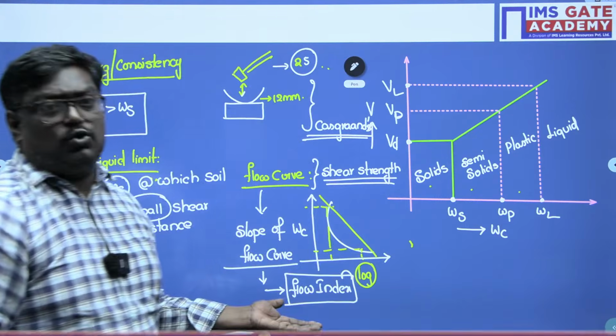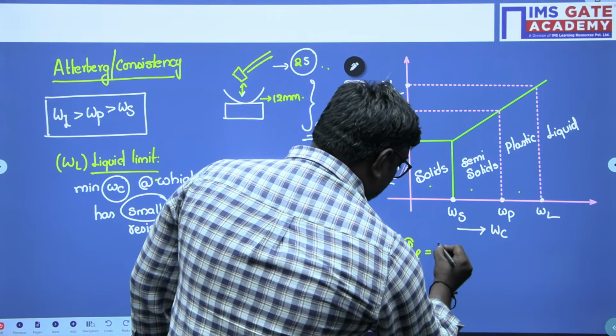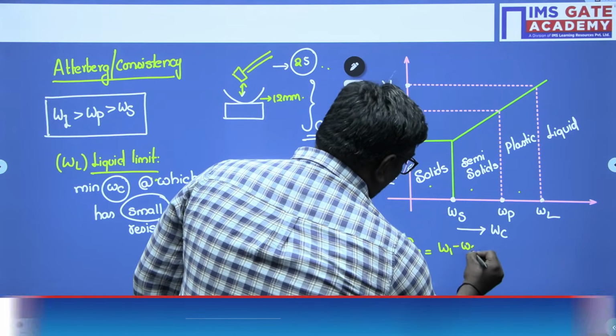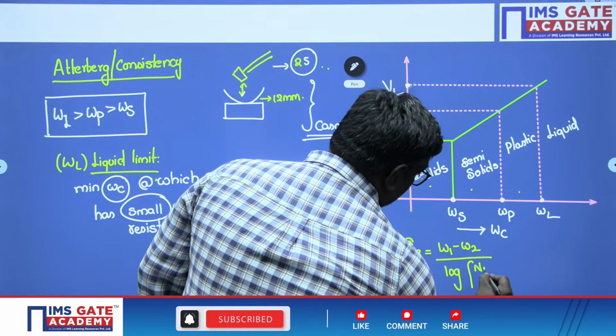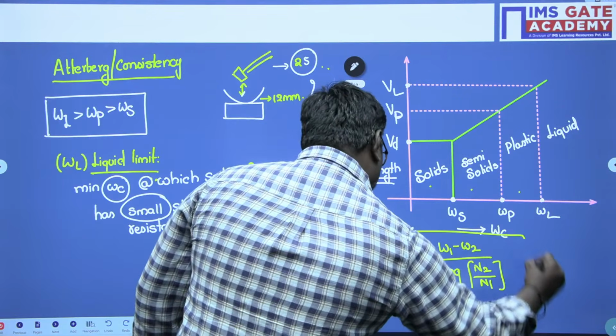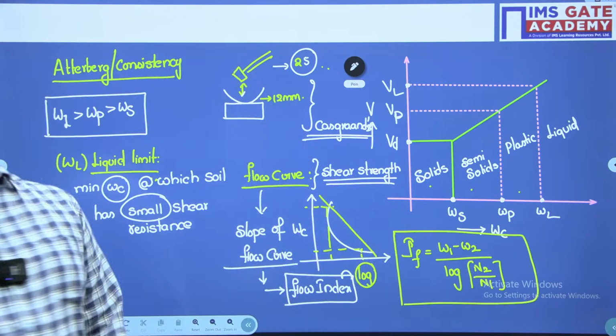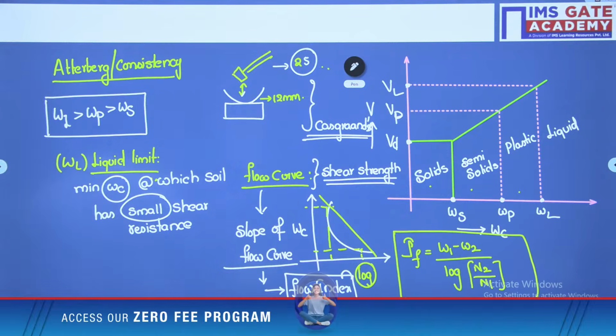M is nothing but the slope. So flow index can be written as W1 minus W2 upon log N2 by N1. So remember the flow index is given by the formula W1 minus W2 upon log of N2 by N1. Please write down this, students.